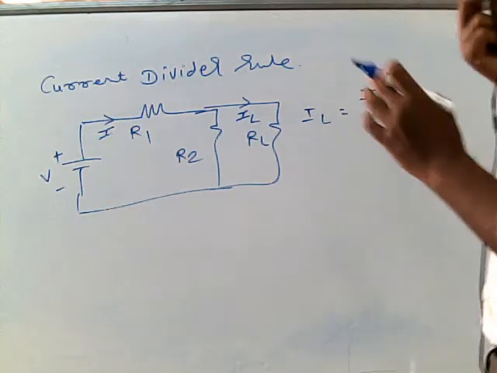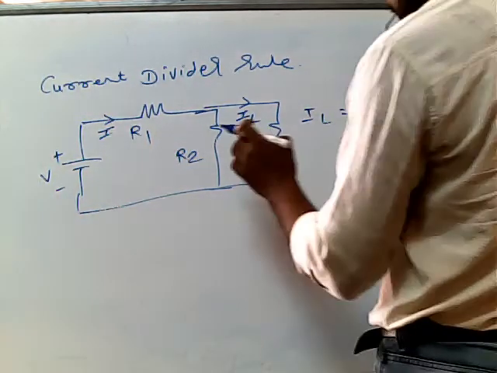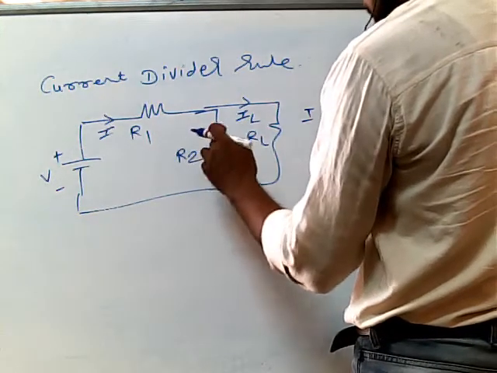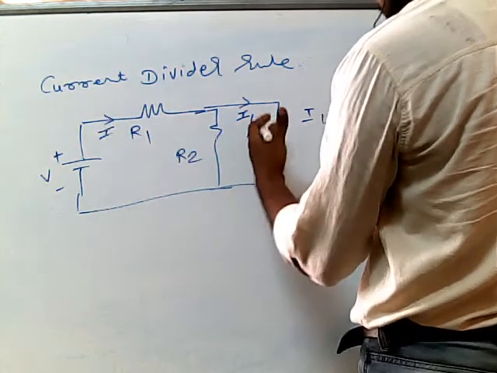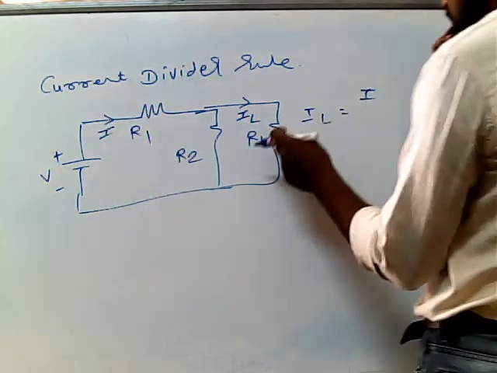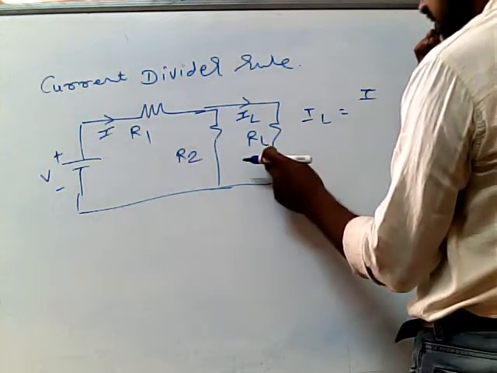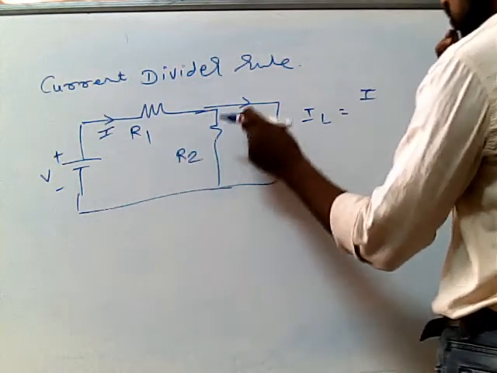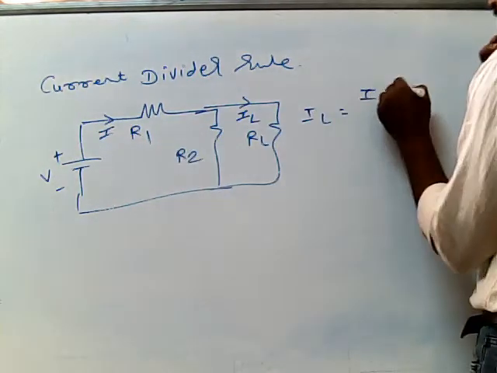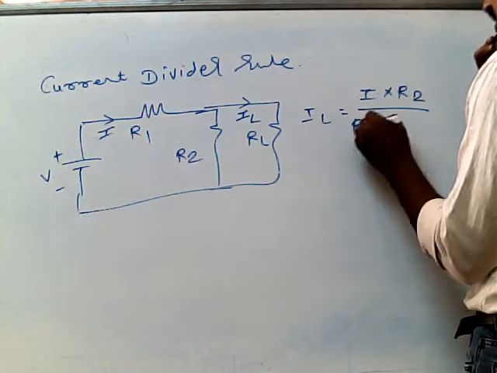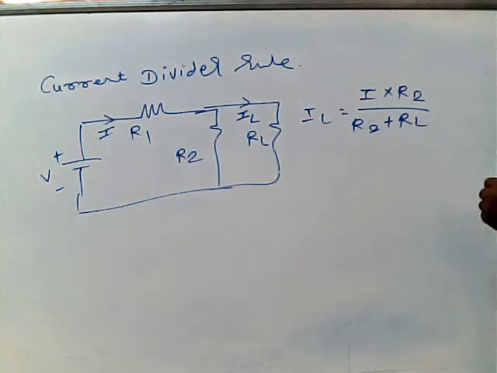But in the current divider rule, we multiply the resistance other than the one through which we are going to find the current. We are finding the current through RL, but we multiply R2, so IL equals total current I into R2 divided by the total resistance R2 plus RL. This is the current divider rule.